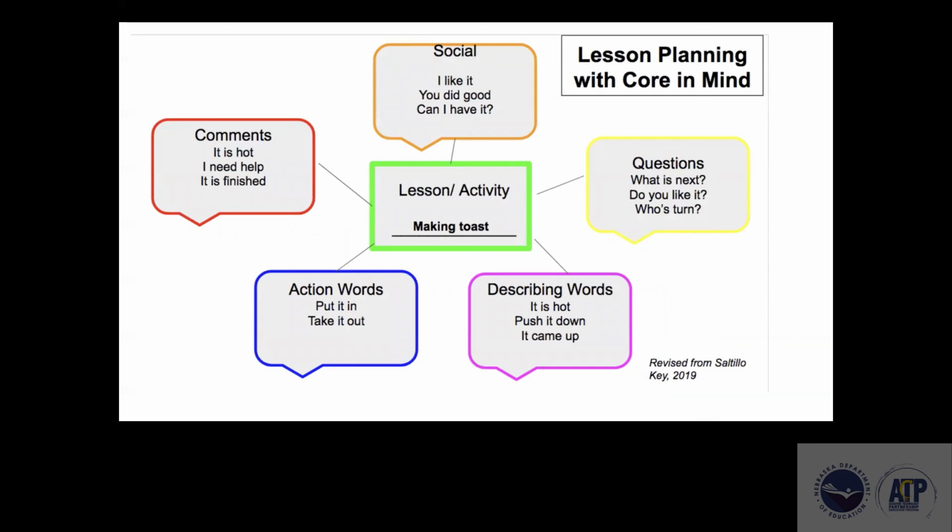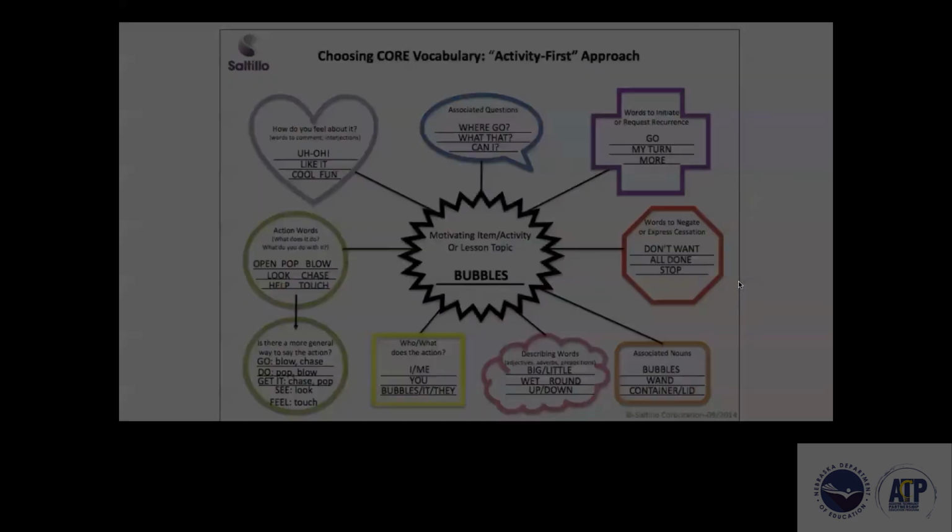So you write that in the middle, that's the activity. Socially, I can say, oh, I like it, or you did good, or can I have that? Some action words, put it in, take it out. Some comments, it is hot, I need help, it is finished. So there's some examples of these filled out.